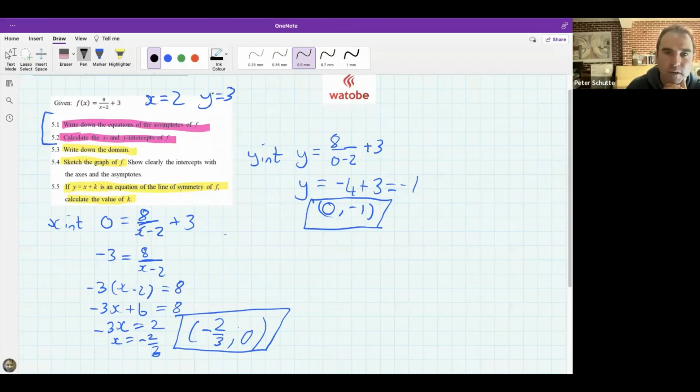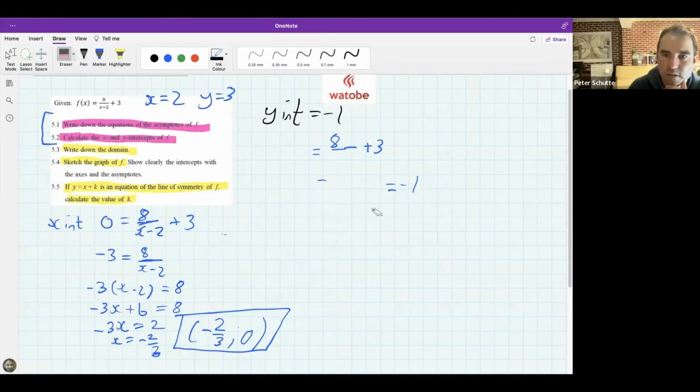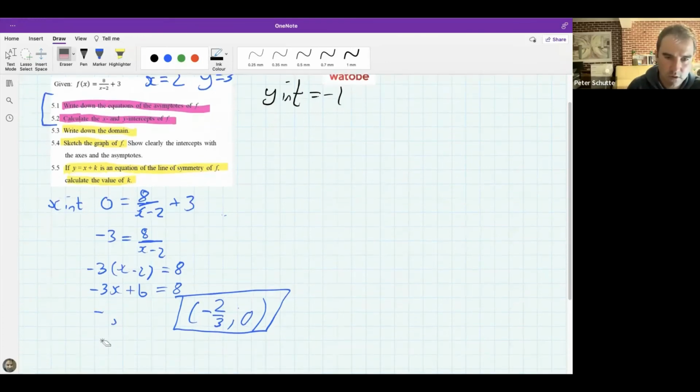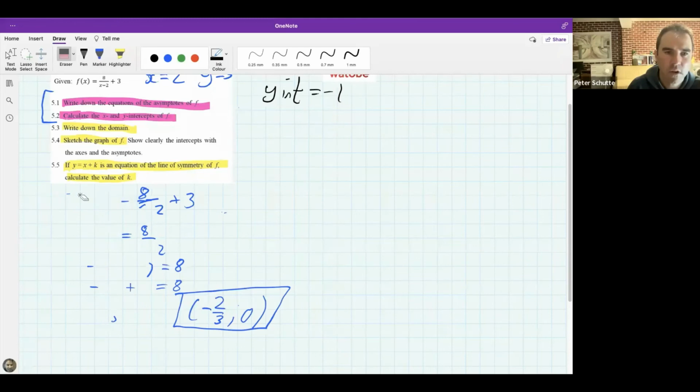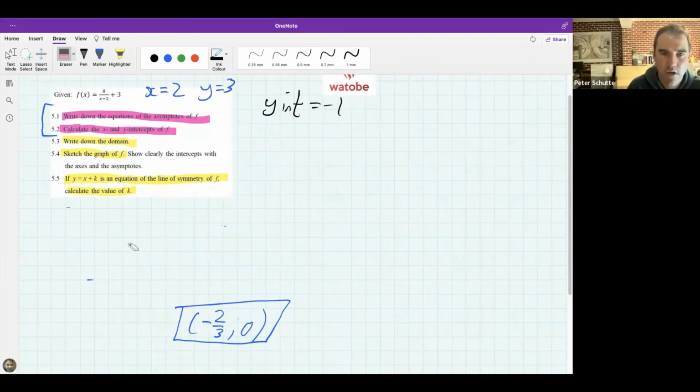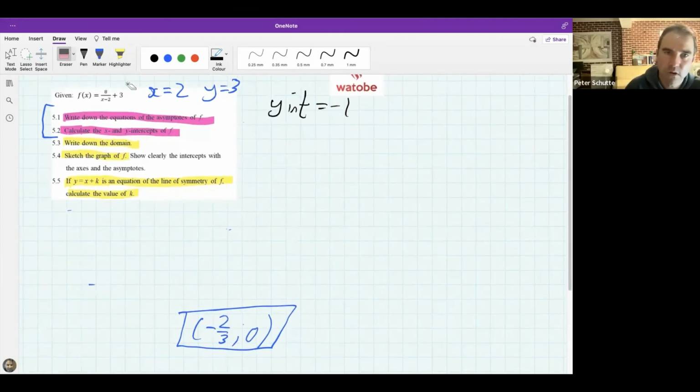Guys, let's do this. I'm going to write this down so I have a bit more space. So that was -1. And the x-intercept was down here. So I'll even draw it up here.